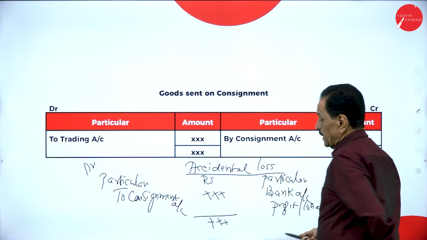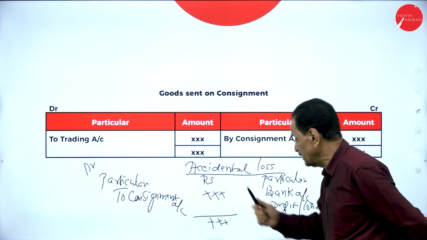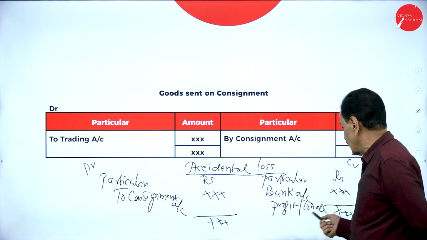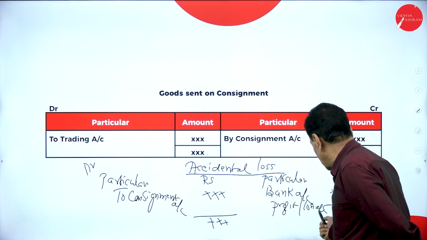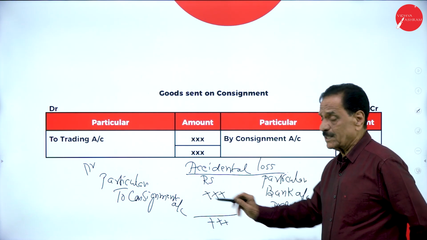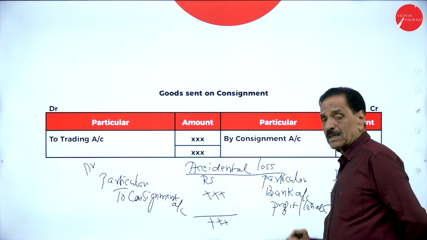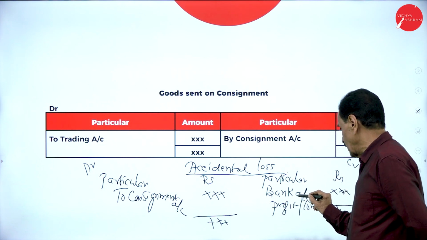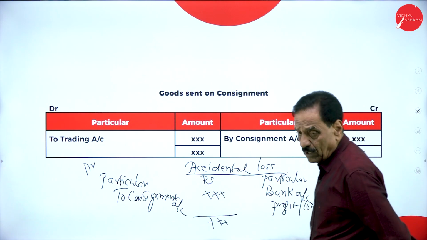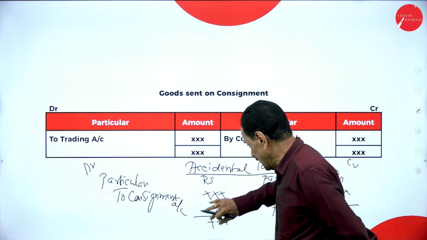So it is the total loss, enter in the consignment account, how much you recovered from the insurance company by bank account, whatever the difference comes, there is a profit and loss account. This we can find out in consignment account. This will come under working note. We recovered from the insurance company by bank account, whatever the difference comes, there's a loss to the consignment account transaction.